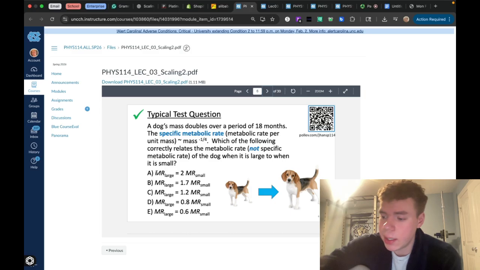So, first of all, we can set it equal. We can say 3 mass to the negative one fourth is equal to mass to the negative one fourth of the small dog.